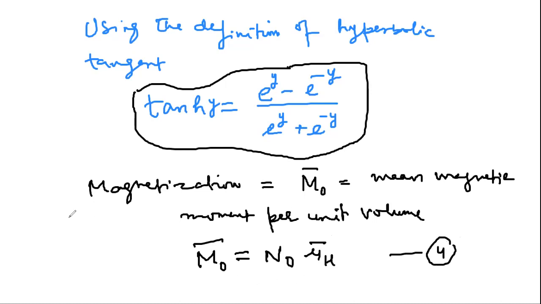Remember, n naught is the number of magnetic atoms in our substance in the unit volume, and mu h bar is the average magnetic moment per atom. So the magnetization is simply n naught times mu h bar.